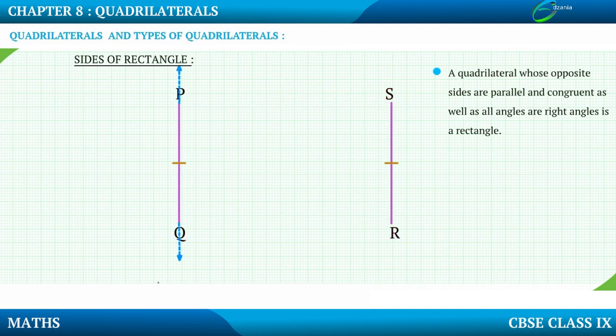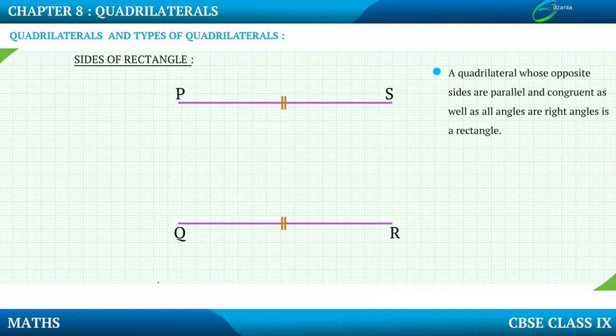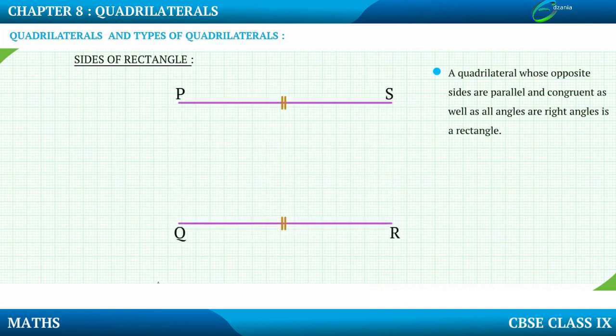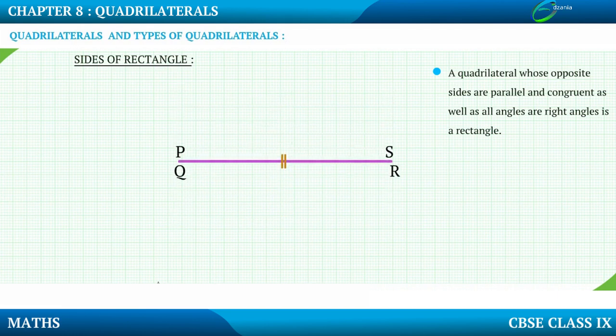PQ is parallel to RS, and QR is parallel to PS. Also, PQ is equal to RS, and QR is equal to PS.